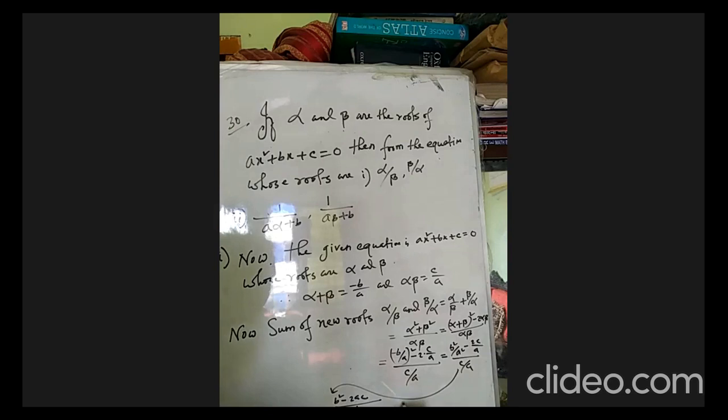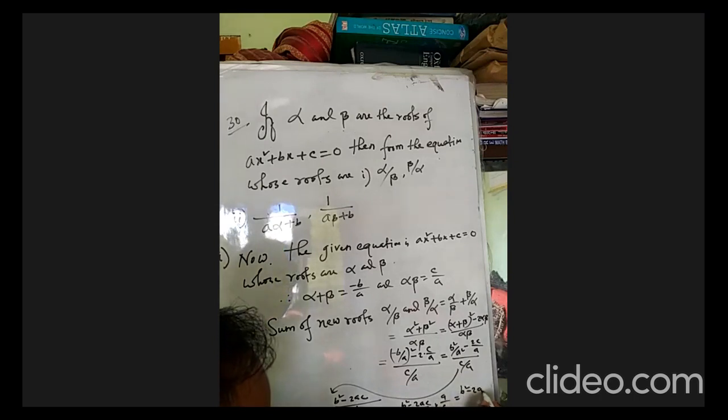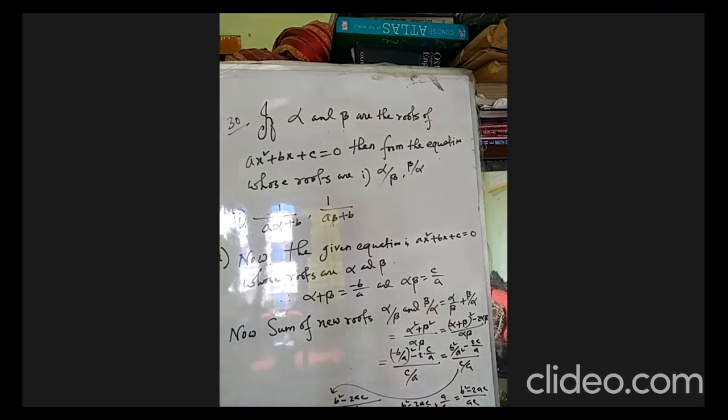This equals to (b square minus 2ac) divided by a square, into this will be inverse, a by c. Okay, now after a and a square, one a will be cancelled, so we can write (b square minus 2ac) divided by ac. Okay, so this is the sum of the new roots.